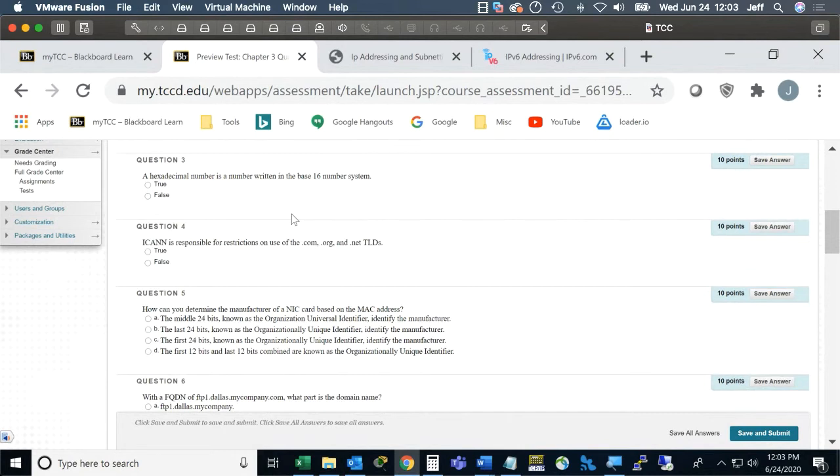For SSL and web traffic, those are the well-known ports. Almost everybody kind of knows those, so they're well-known. A hexadecimal number is a number written in the base 16 number system. False. Right.